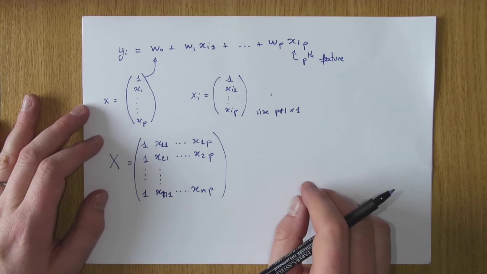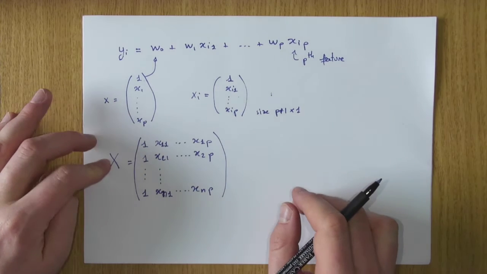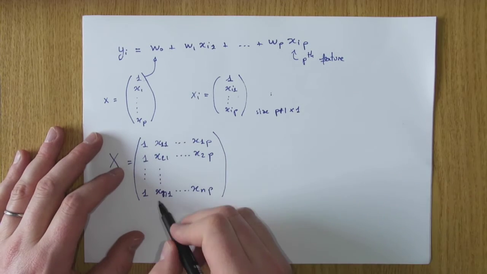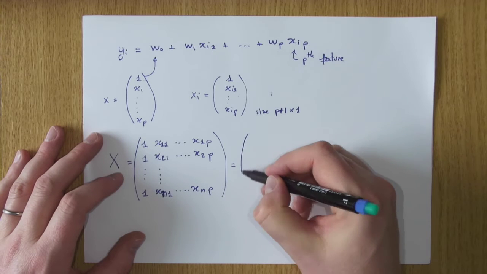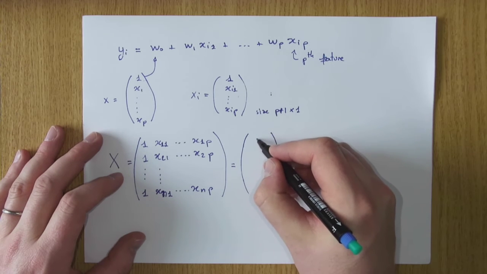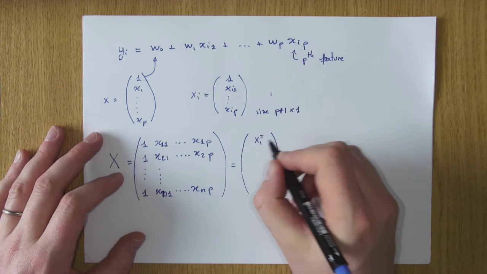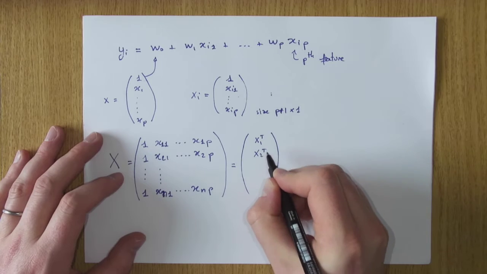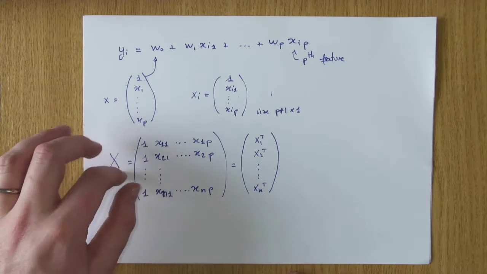So this big matrix just stacks all this information about the features and the ones we have here. Another way of writing it is as a concatenation of the feature vector for the first observation, transposed, and you keep on doing that for all your observations.